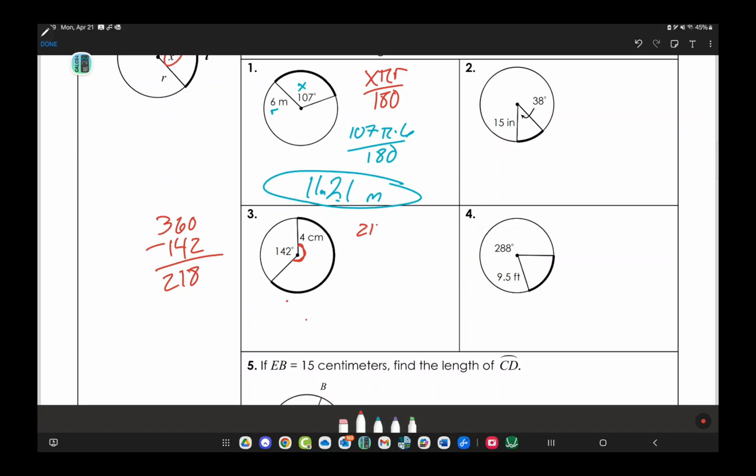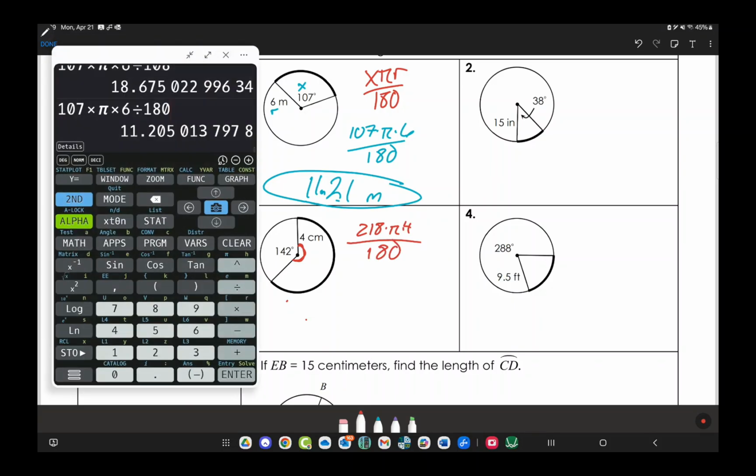So 218 times pi times 4 over 180. So 15.22 centimeters.